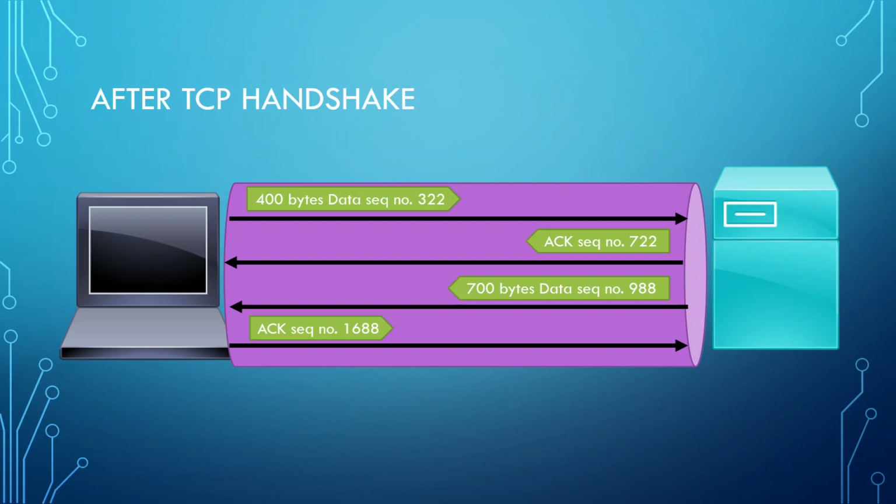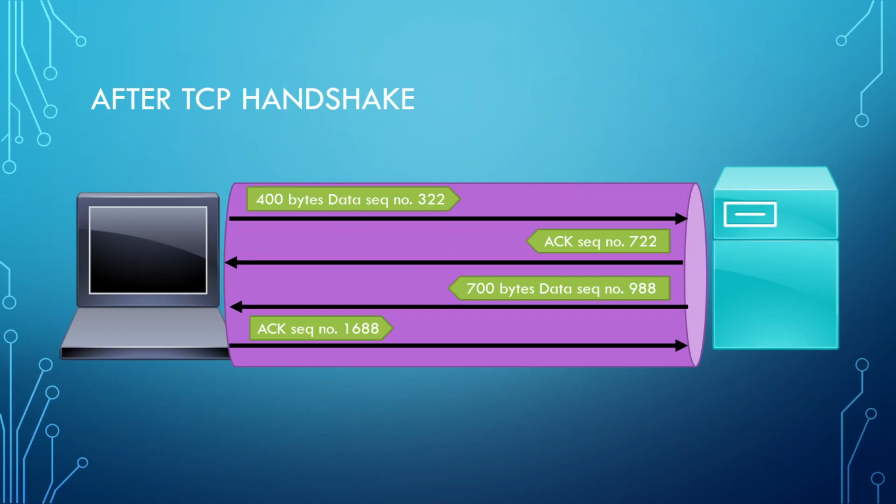Essentially, the server is going to start numbering the bytes it is sending, or the bytes it's receiving from the application. It's going to start with a sequence number of 988 for the first byte, 989 for the second byte, 990 for the third byte, etc. It sends a packet with a sequence number of 988, carrying 700 bytes of data, to the client.